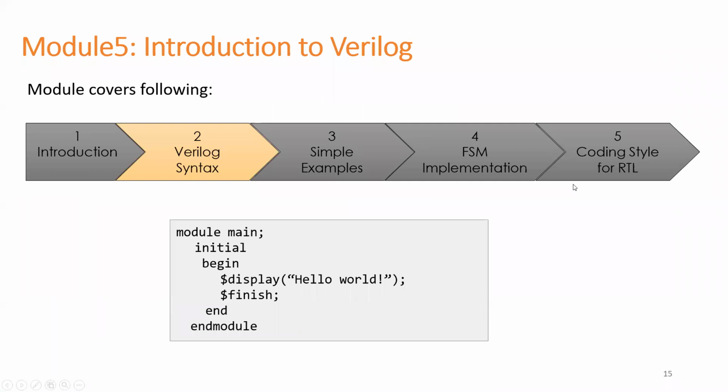So in module 5, we will study the introduction to Verilog. The physical design engineer should know the basics of Verilog. Let's say if there are any design bugs, or any false paths that are giving timing violations, and it is very critical to meet the timing, the physical design engineer should know RTL design also.